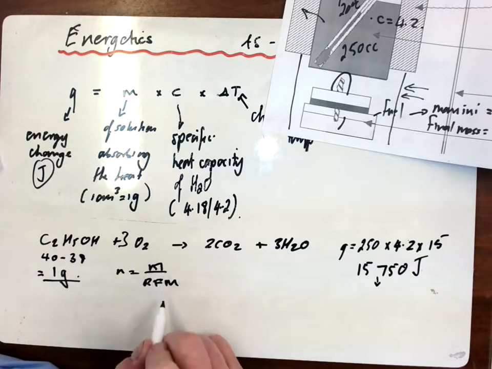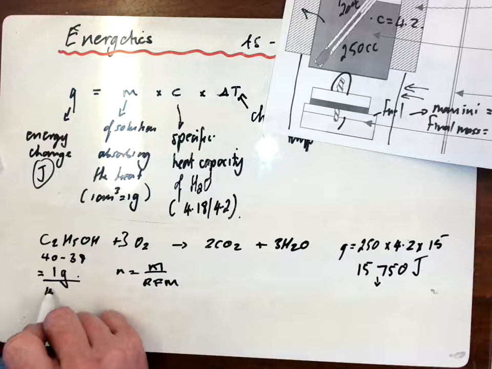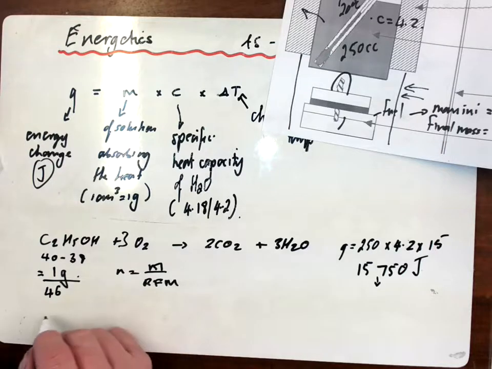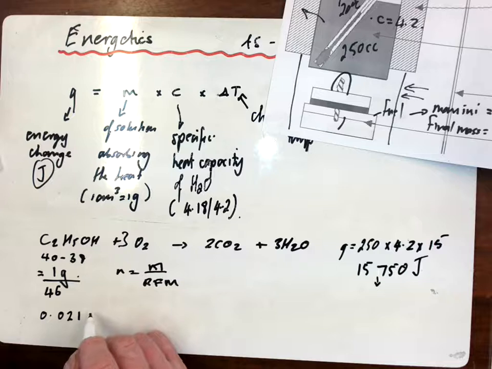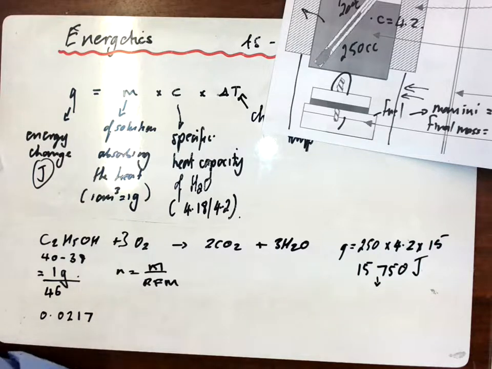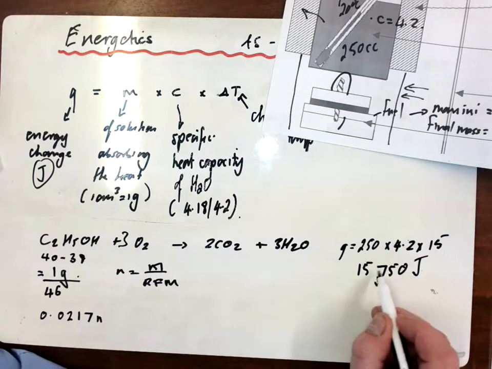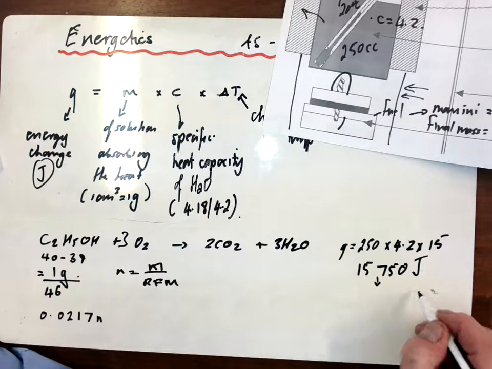Okay, so we have 1 gram over the relative formula mass of ethanol, which is 46. So that gives us moles in here, 0.217. Okay, so 0.217 moles of ethanol give us this amount of energy.